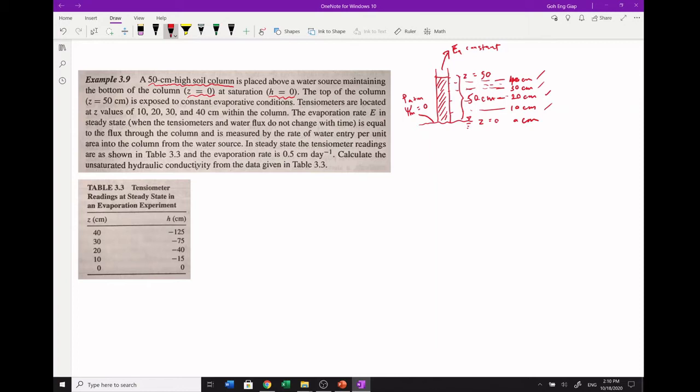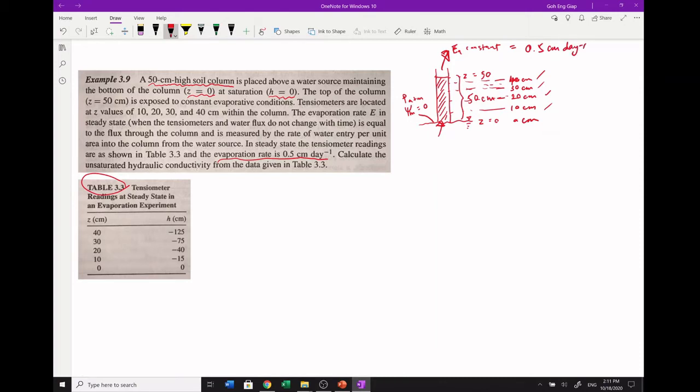So the water entering here will be the water leaving at the top. At steady state they will be equal. In steady state the tensiometer readings are shown in table 3.3, and the evaporation rate is 0.5 centimeter per day.